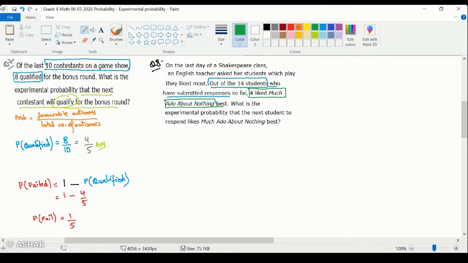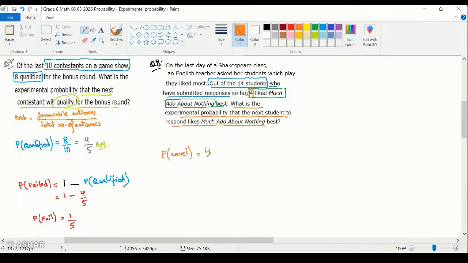What is the experimental probability that the next student to respond likes Much Ado About Nothing best? So we need to find the probability, I'll just use the first alphabet, of the play. How many liked?